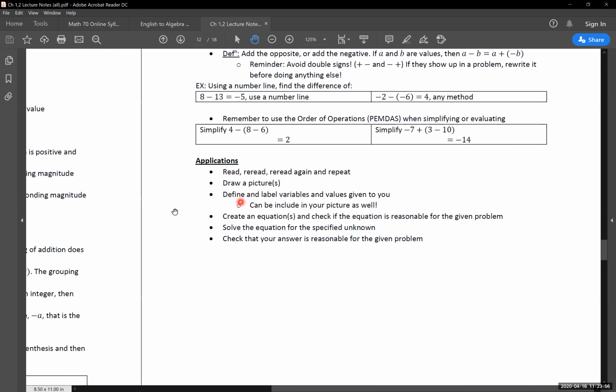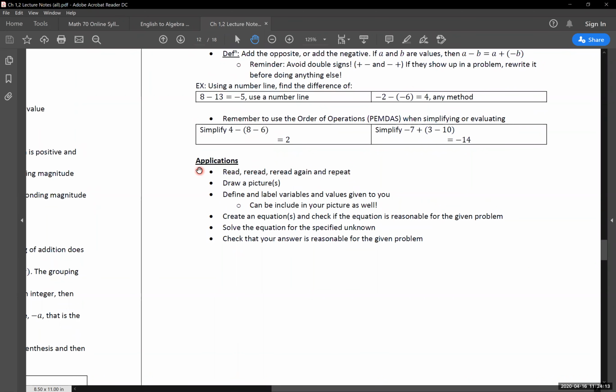And then from there, we can start creating equations and then check if that equation is reasonable with the given problem. So that doesn't mean that I'm going to create an equation, I'm going to put in some numbers, and then I have to commit to using that equation exactly as it is.